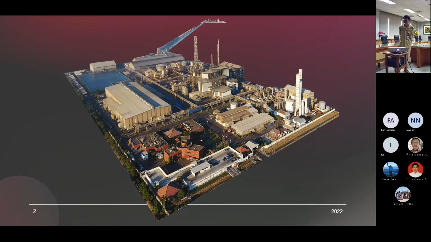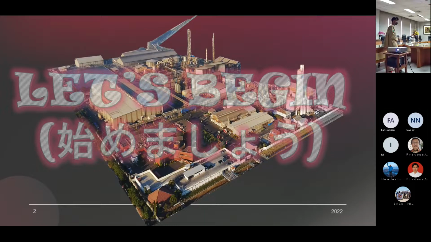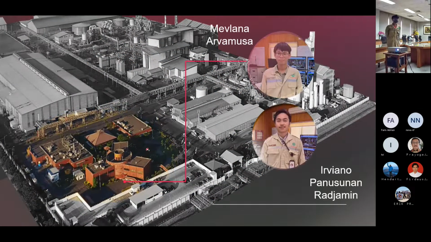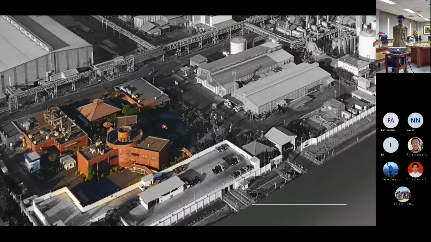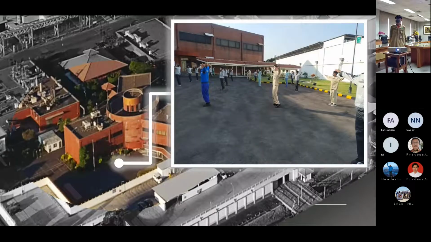So let's retell our experience in the first two segments. I'm here with Lana Famusa, and he is my partner, Mev-Ano Rajamin. They are from Chemical Engineering in ITS, Institut Teknologi Sepuluh Nopember. So, in the first week, when I arrived at PT Smelting in the morning, I was very fascinated.